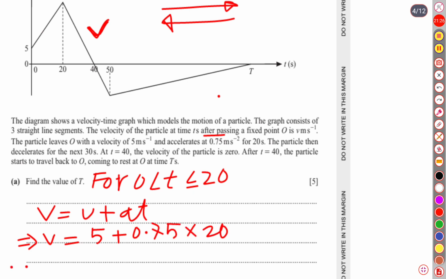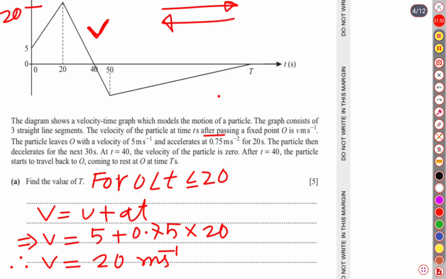Hence the maximum velocity is 15 plus 5, which means 20 meter per second. That means here it is 20. Well, so this is one part.